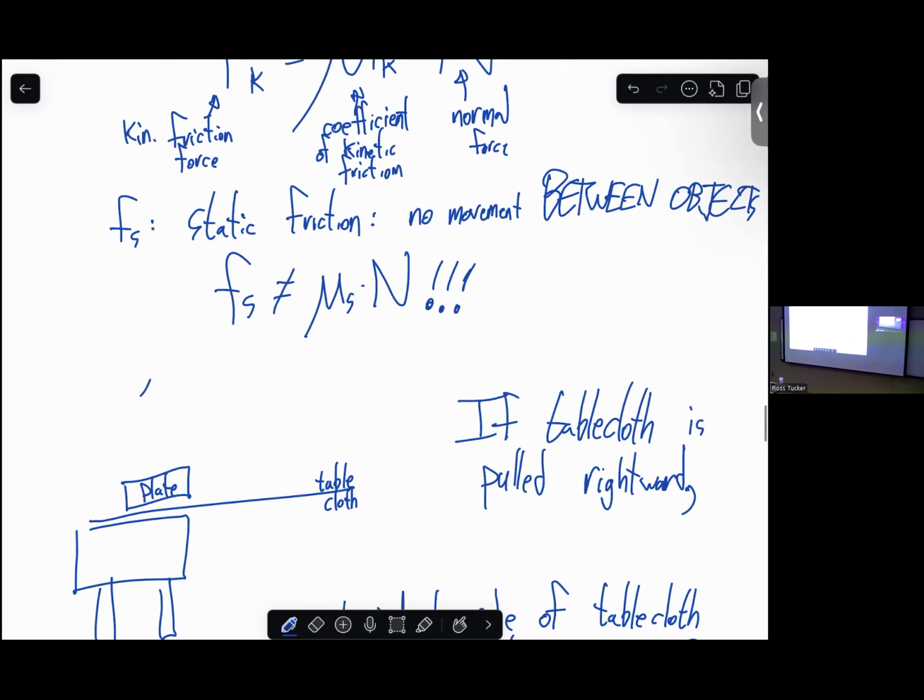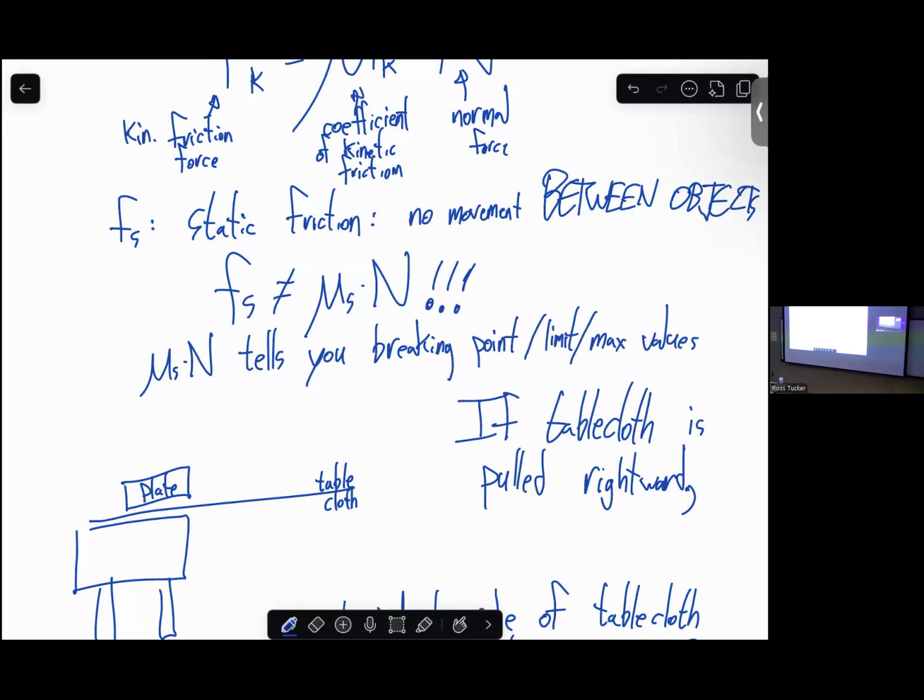Mu s N tells you the breaking point. The limit, the max value of static friction.